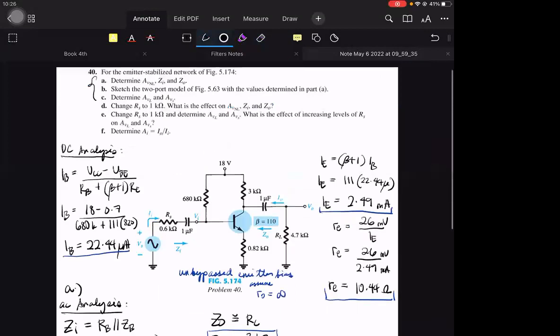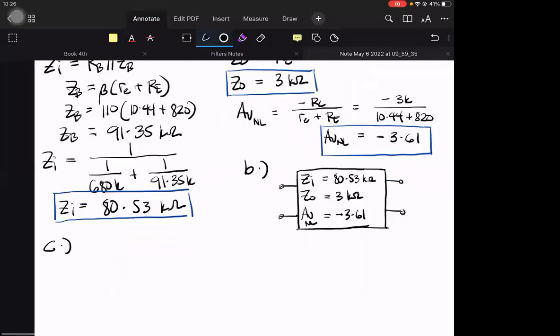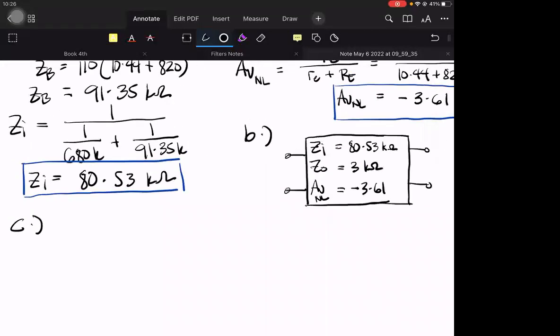Last, determine AVL and AVS. So very easy. Both are voltage divider formulas.